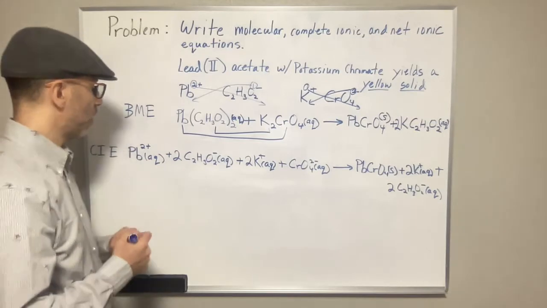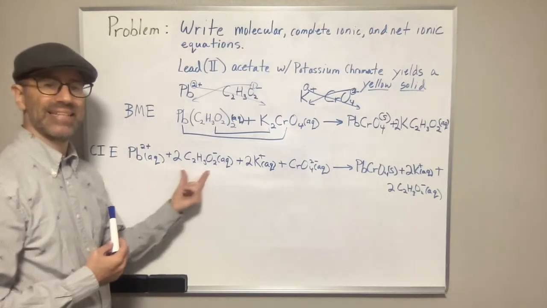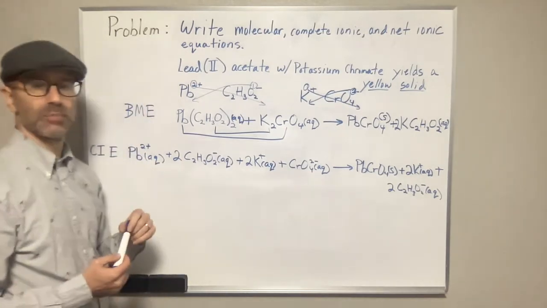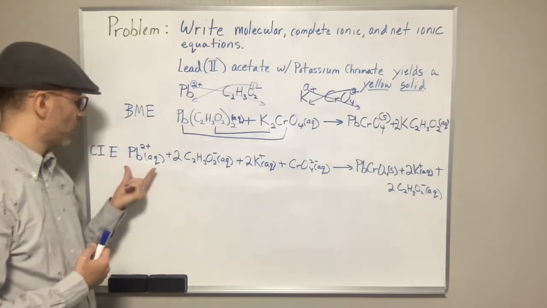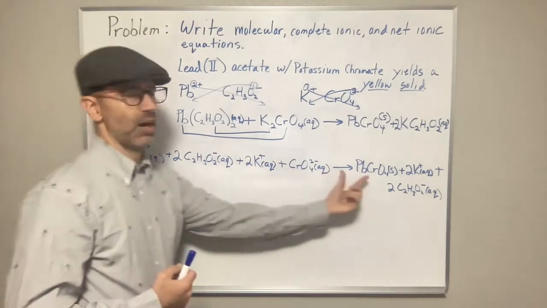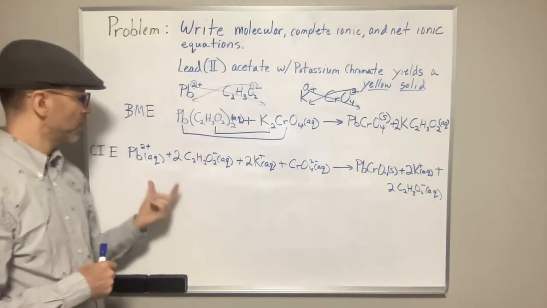The other way you could think about it is anything that stays in the same state on both sides is a spectator, if you have the same number as well. Here I have lead in the aqueous state, but here I have it as a solid. That changes, so that is a player.